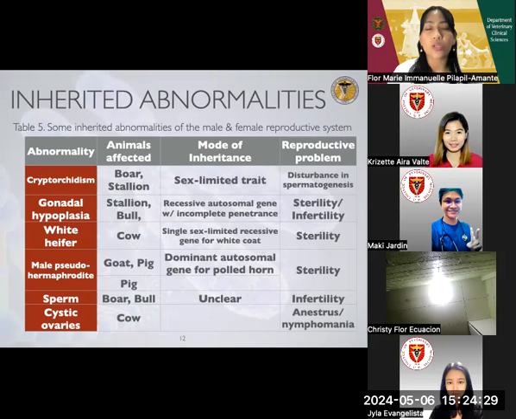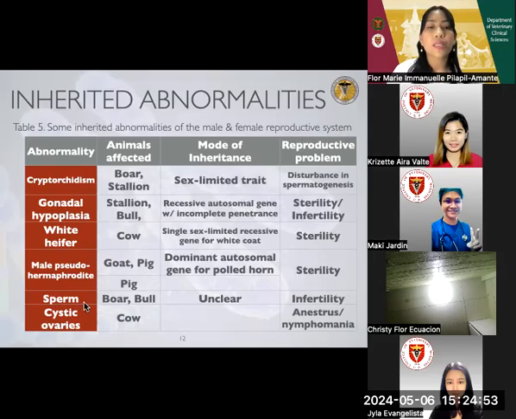Well, most goats are really without horns, but sometimes we have goats with horns. So some polled goats as well. And this could lead to sterility, meaning they will not be able to produce good quality sperm to be able to expand their genetic line.